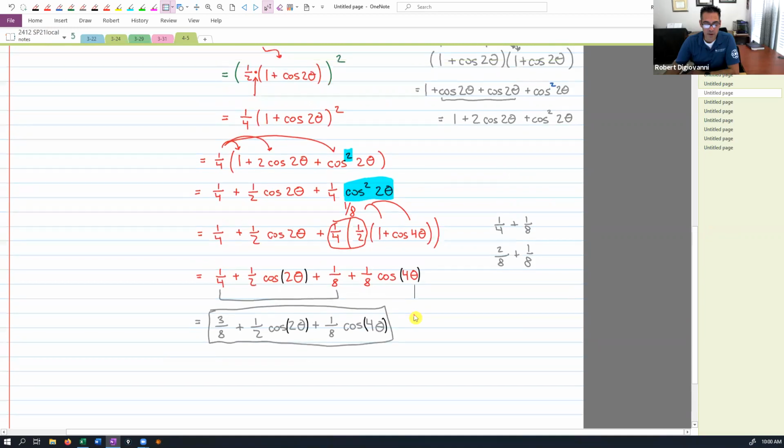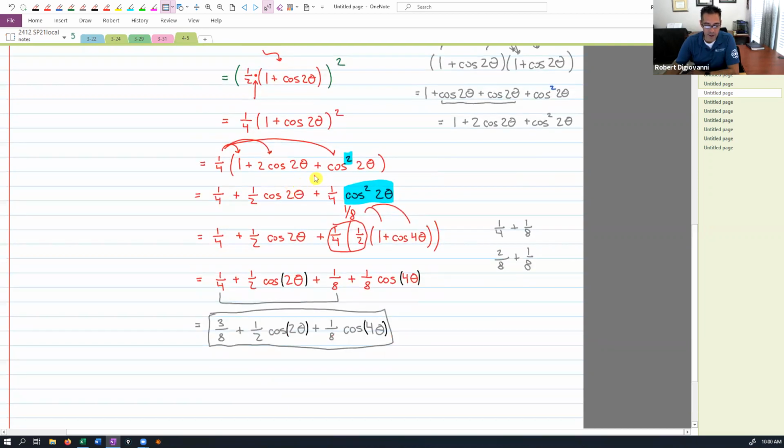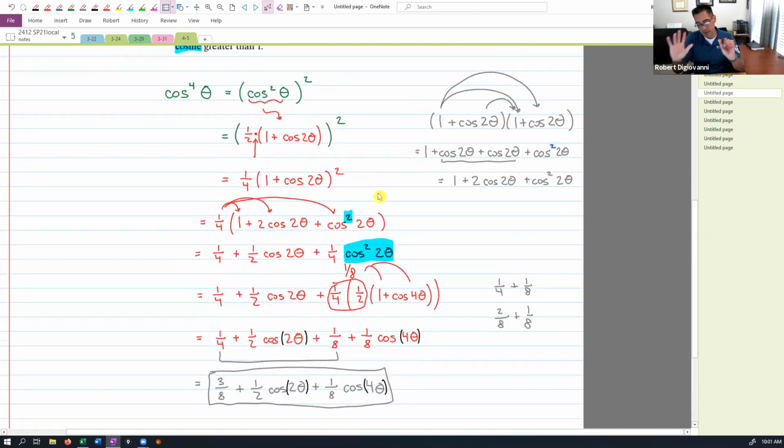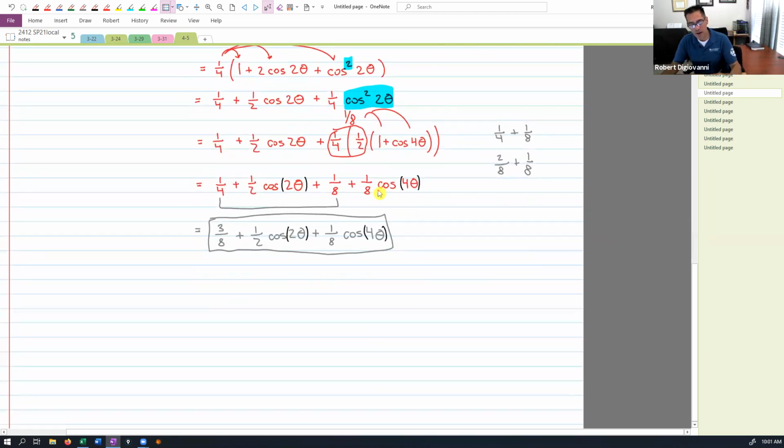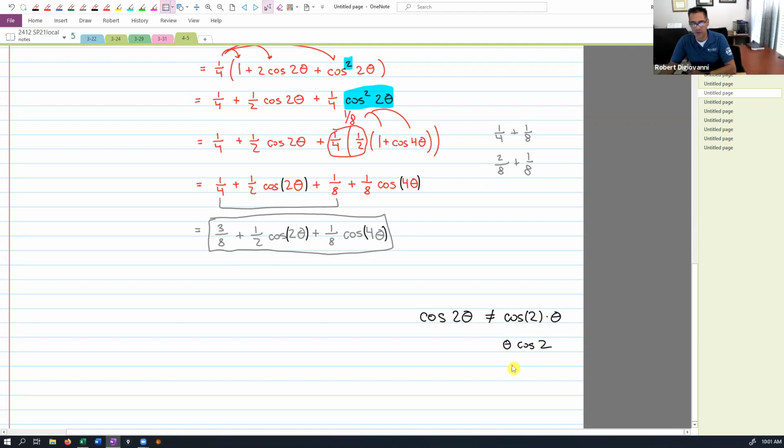You can tell that I teach calculus a lot because I rarely put parentheses around that. The reason why is this, just so you understand. When you write cosine of 2 theta, it is not, but someone could think that's cosine of 2, where the 2 is in here and then the theta is here. That's what I told you earlier. That technically could be this. But if it was this, I would write the theta out front so as not to confuse you.